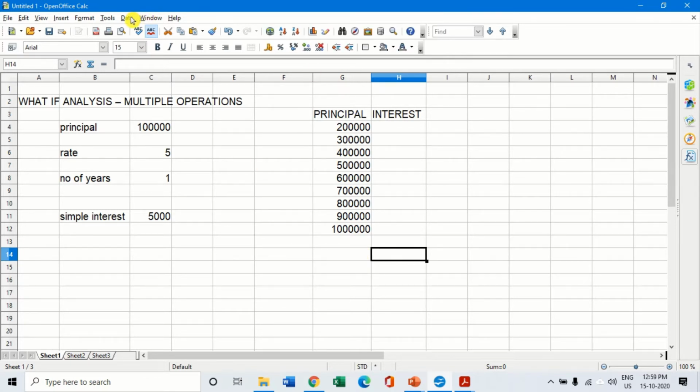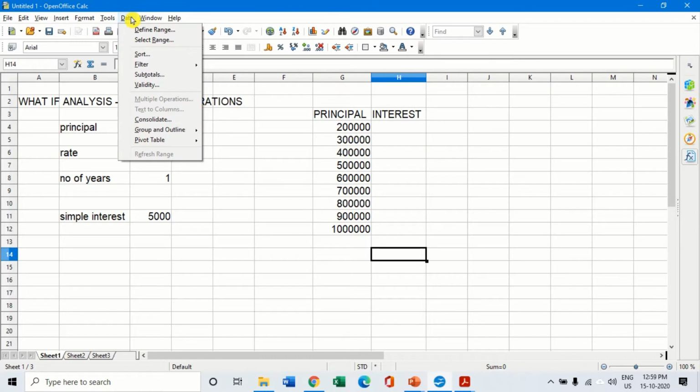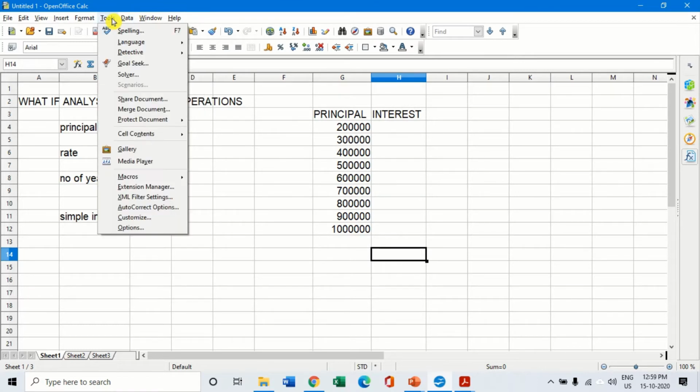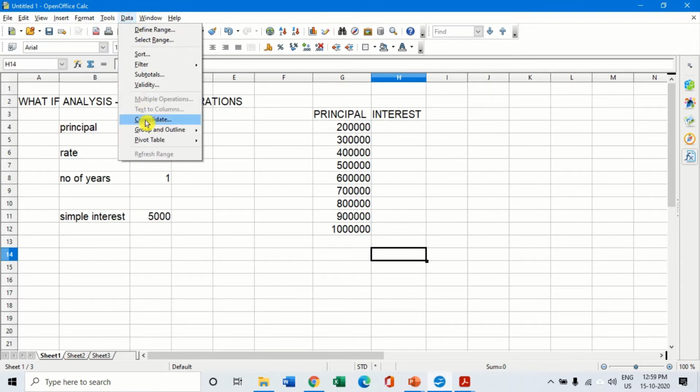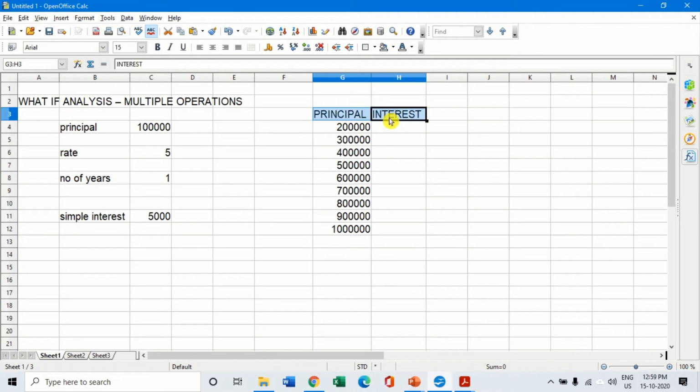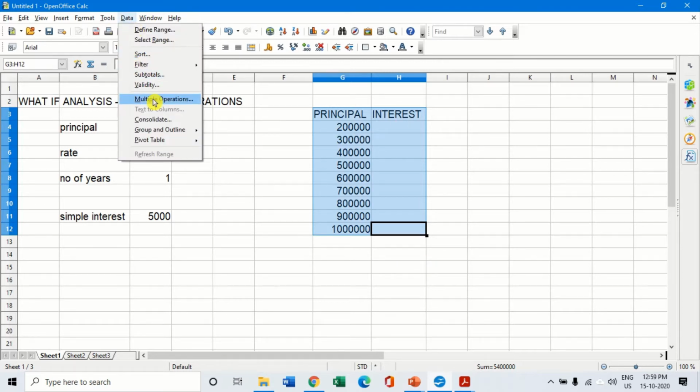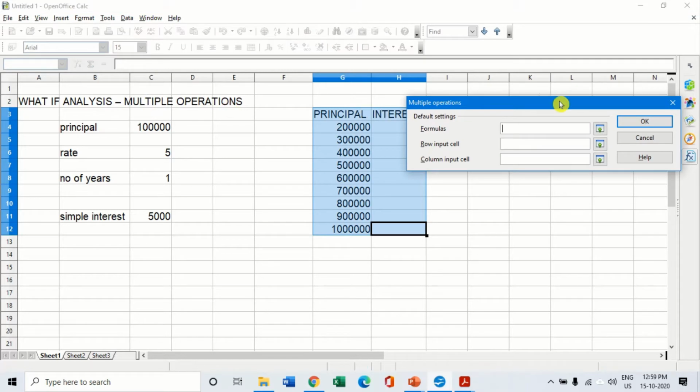So I will click on data. First I will select the range where I want to display the interest. Now I will go to data, multiple operations, and here in this dialog box I am going to tell in which cell is the formula that is going to be calculated.